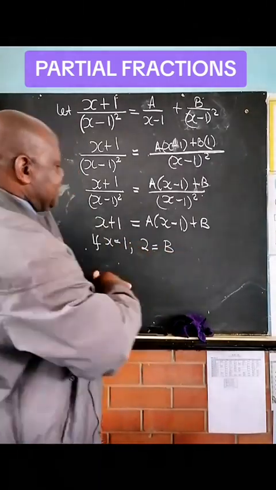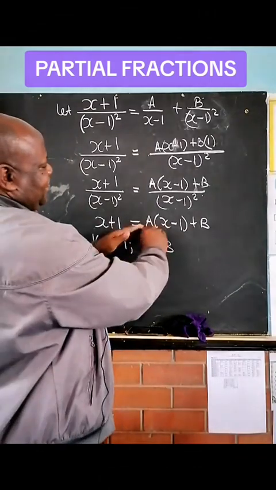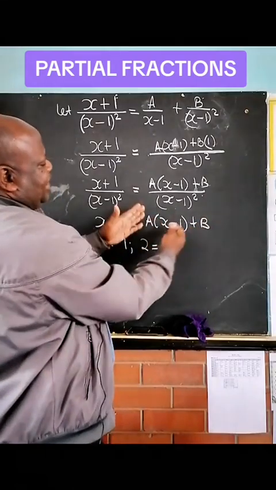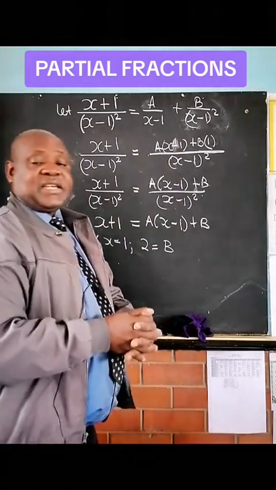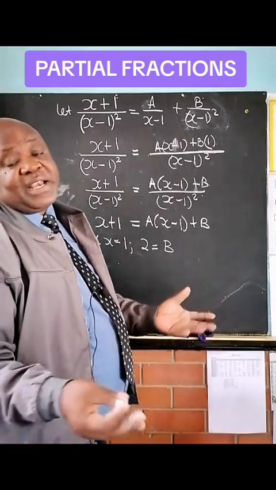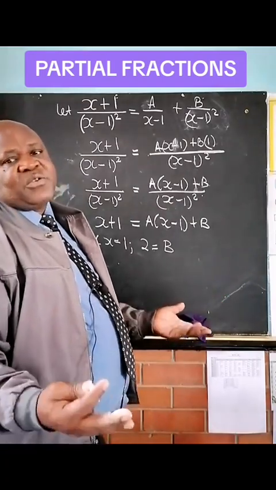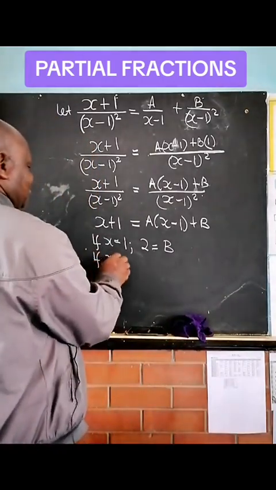Okay, next, I find that there is no other factor on the right that will make either a or b vanish. So in that case, I'm going to pick another value of x, a convenient one, like 0, for instance, small enough to manage. So I'm going to take x equal to 0.